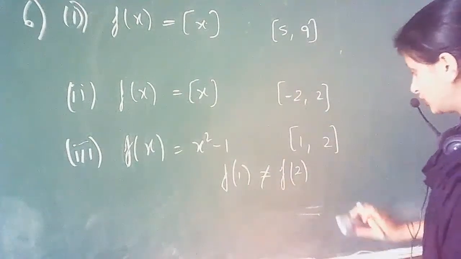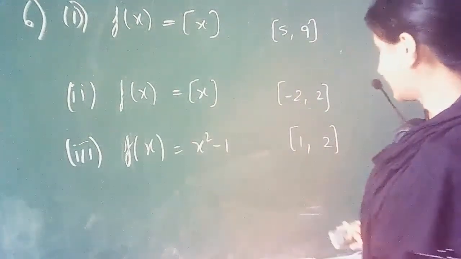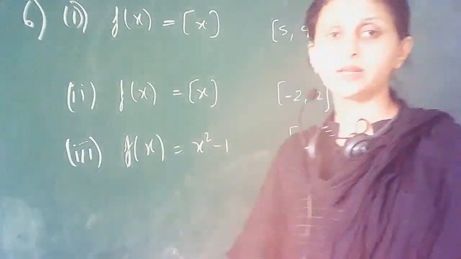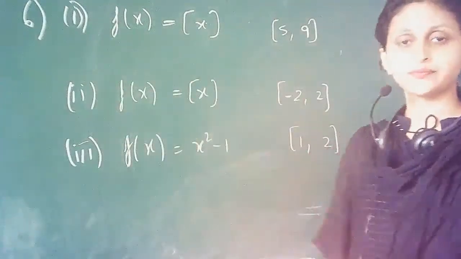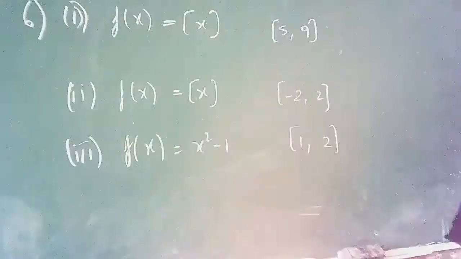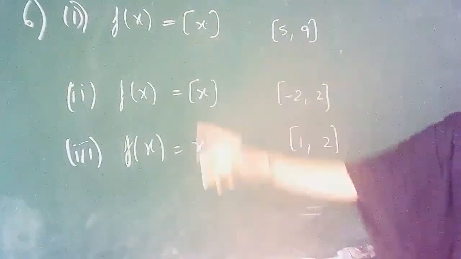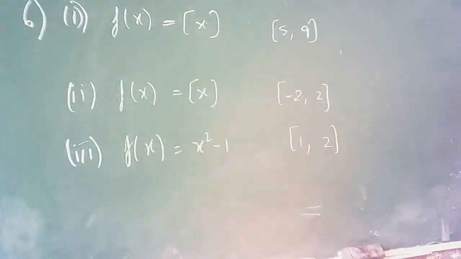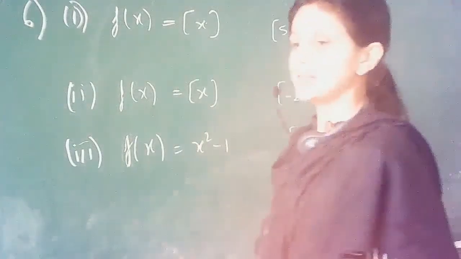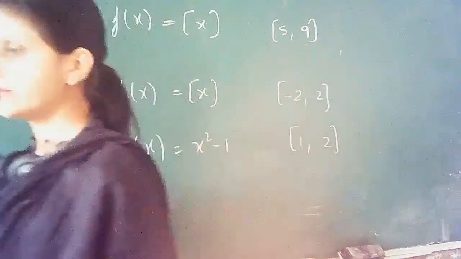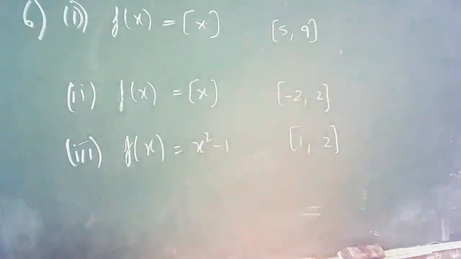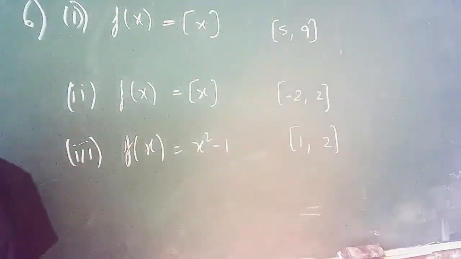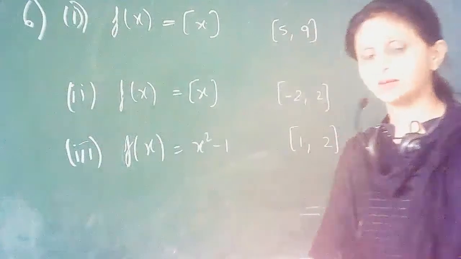Now in the sixth question, they have asked us to check whether the mean value theorem is applicable for these three functions or not. Let us do it one by one. Let us consider the first function. Tell me, students, is the mean value theorem applicable to that function? The mean value theorem conditions are what, students? First condition is it should be continuous on the closed interval AB.